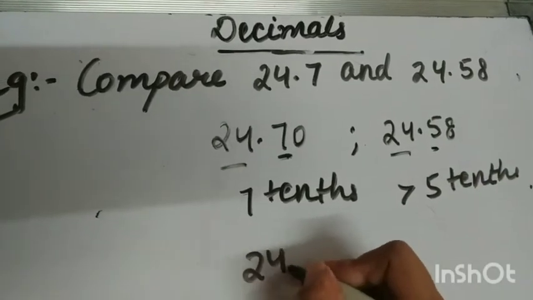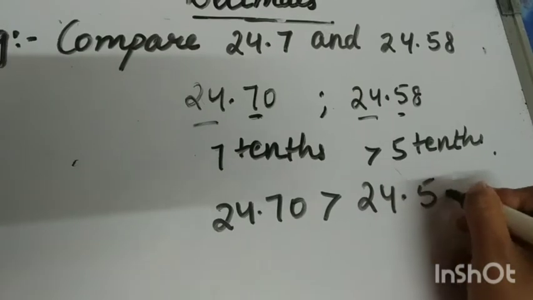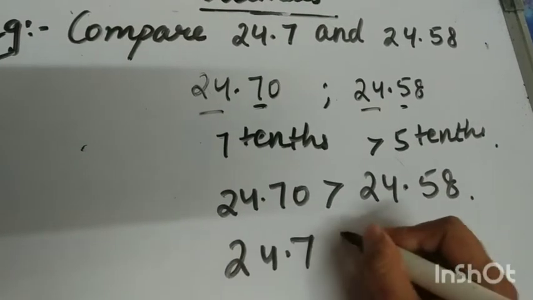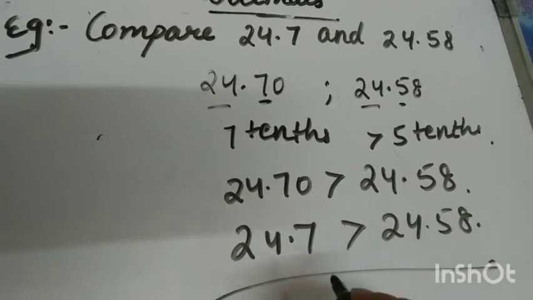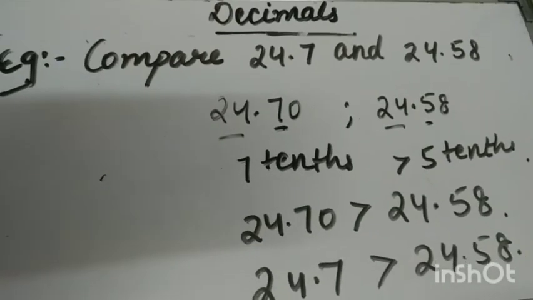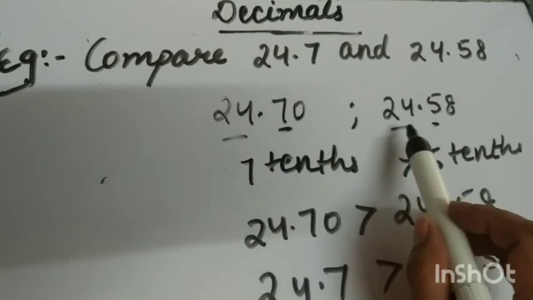So 24.70 is greater than 24.58, or you can say 24.7 is greater than 24.58. The first step is to convert the decimals into like decimals, and after that we compare the whole number part.